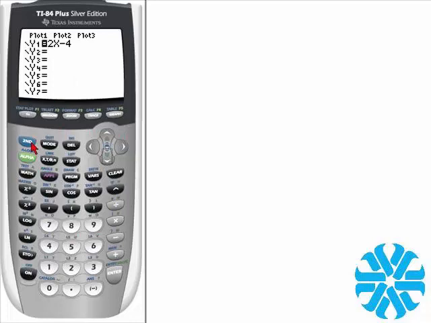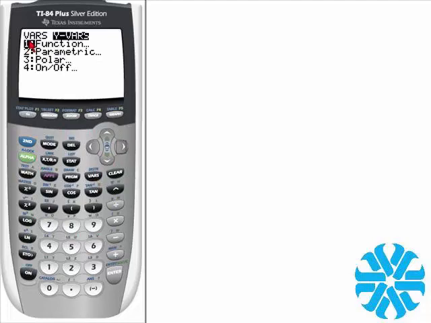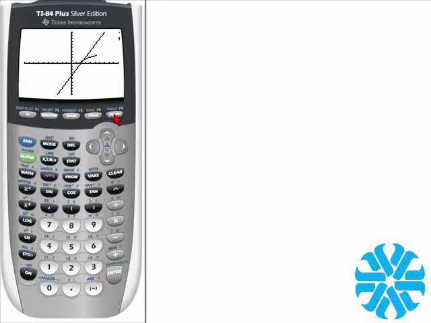You can simply go second function, then the square root, and then we're going to take the square root of y1. So we would go vars, and we move over to y vars, and then we want the function, so select enter, and then select y1, enter, and then close the parenthesis, and now let's graph that. So there's the square root of that particular function right there.